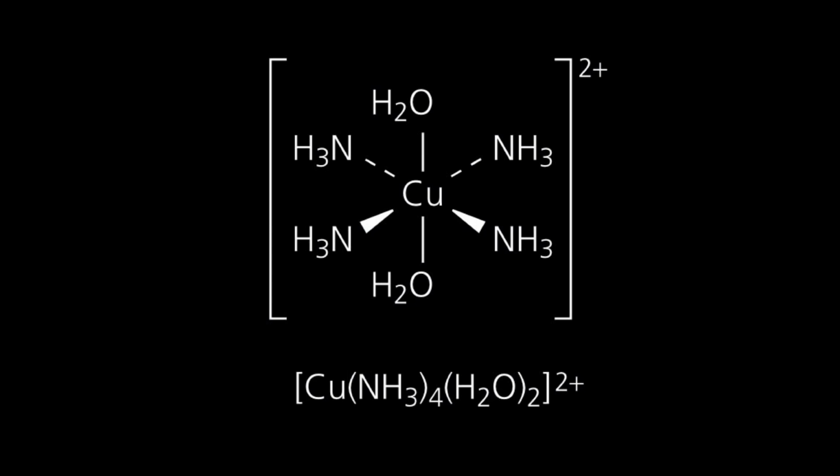It's still octahedral, but only 2 of the ligands are water and 4 are ammonia. You total 6 ligands, it's still octahedral, with a 2+ charge because they're all neutral. This is different obviously from copper H2O 6 times, or copper ammonia 6 times, because that also exists, by the way. You can also have copper with 6 ammonias when you don't have any water. All right?